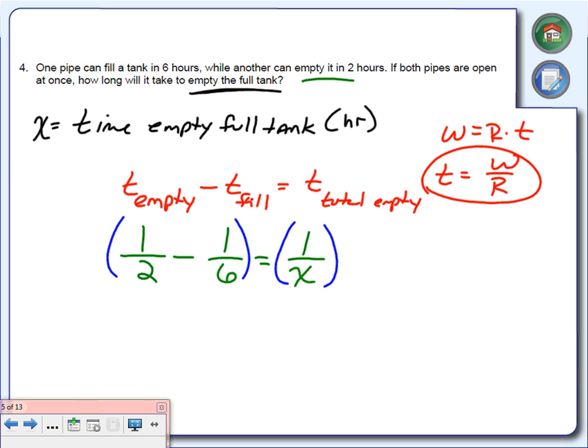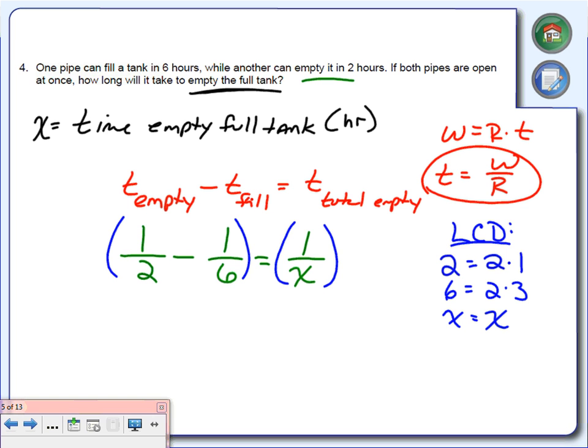I'm going to give you a second here, see if you can find me the least common denominator. Here's the factors of 2, factors of 6, and of course the x.